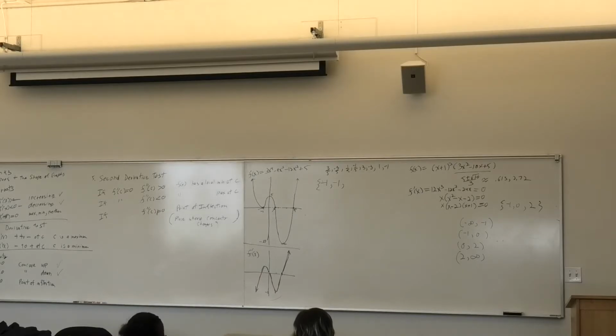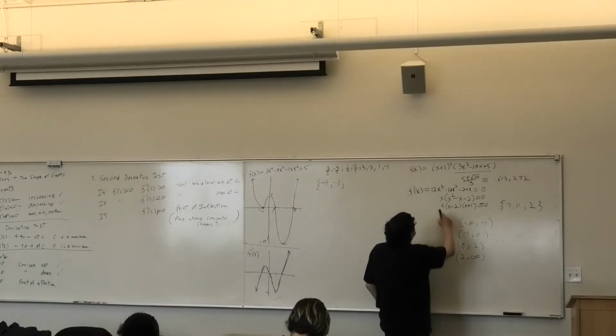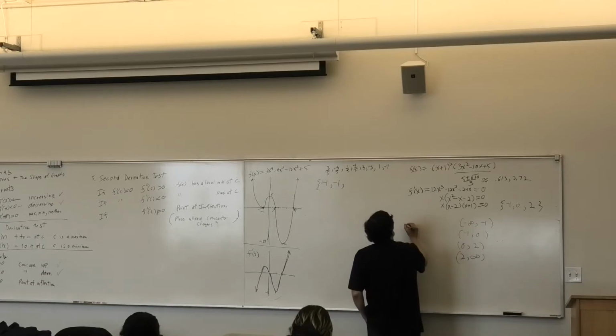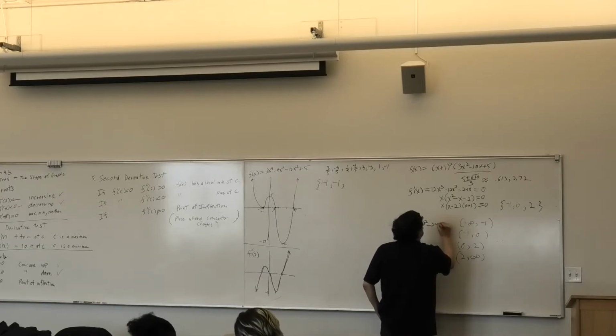Okay, let's talk about concavity. We need to know the second derivative, right? The second derivative is the derivative of the first derivative. So that's going to be 36x squared minus 24x minus 24.